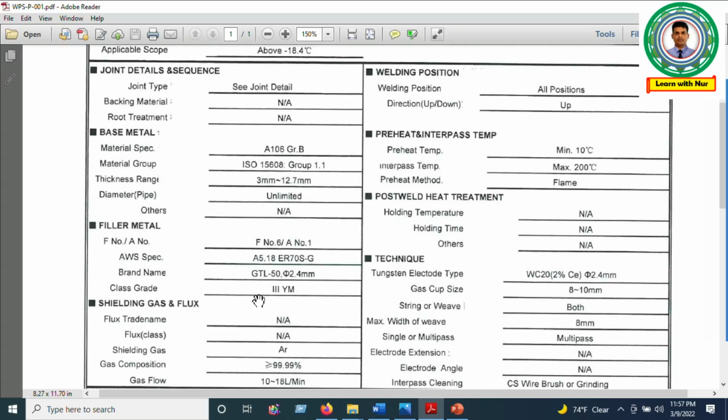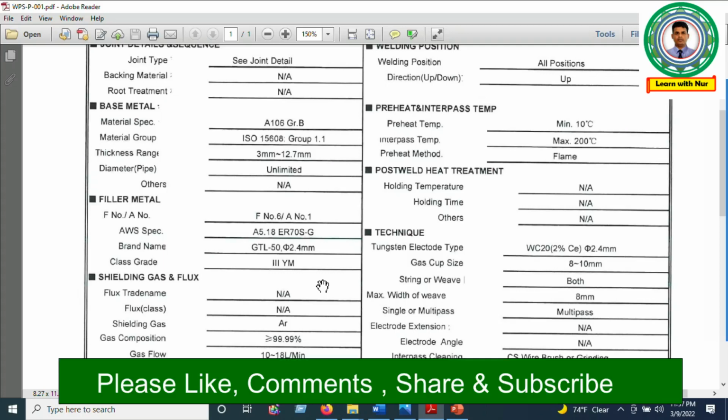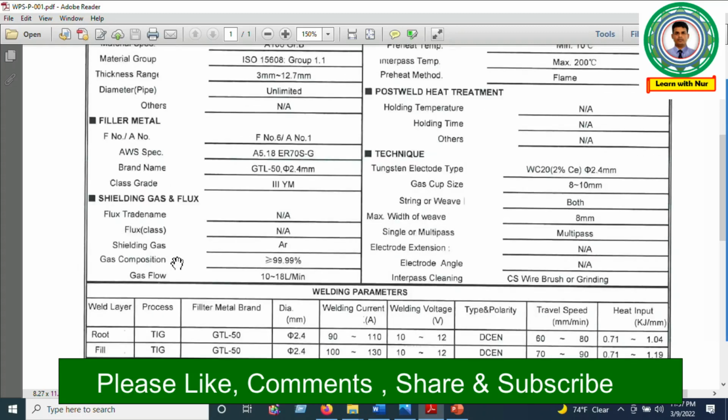Then the brand name mentioned here is GTL 50, diameter 2.4 mm. Then the class and grade are mentioned. Then we have the shielding gas and flux. Flux trade name and flux class are not applicable, as this process does not need flux.